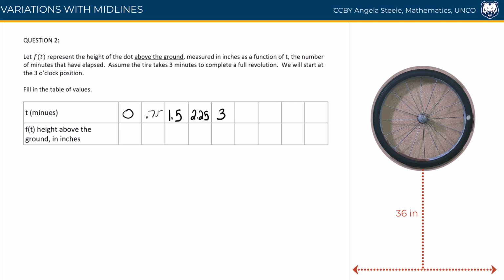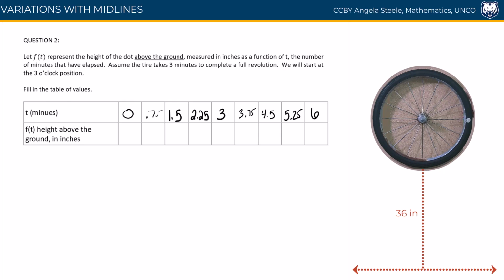Okay, and then we're going to keep going around. So at the 12 o'clock position, we're going to be at 3.75. At the 9 o'clock position, we're going to be at 4.5, and then 5.25, and then 6 when we make it back to that 3 o'clock position.